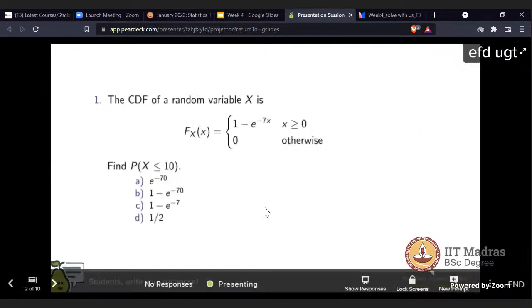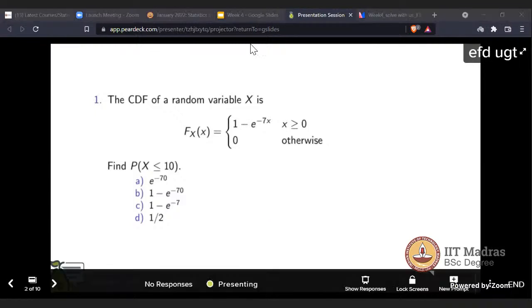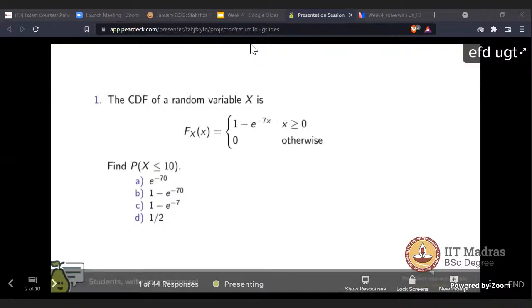Your first question here is: the CDF of a random variable x is F_X(x) = 1 minus e to the power minus 7x, and you have to find the probability that x is less than or equal to 10.